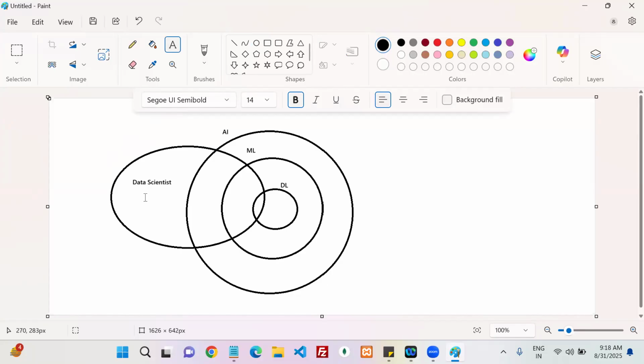So, what kind of mathematics are we going to use frequently? One is, you know the terminology, linear algebra. Did you hear about that? The next one is probability. The next one is statistics.